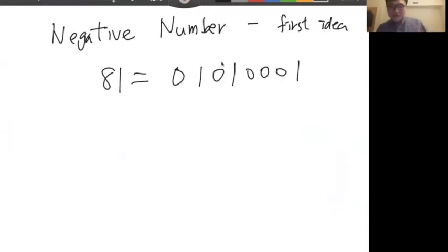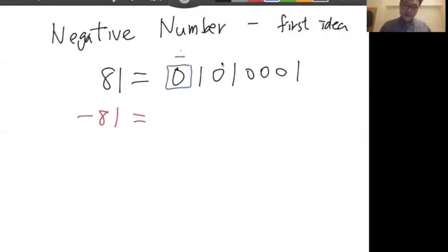So the first idea for negative numbers: for example, we have 81 as a positive number, and we want to represent the negative number, for example, negative 81. How can we do it? We don't have any symbol, we just have 0 and 1. The first idea is maybe we can use the first digit to represent negative or positive.